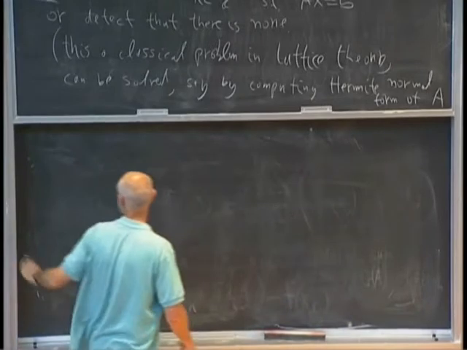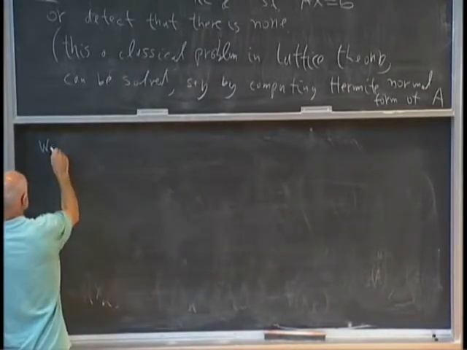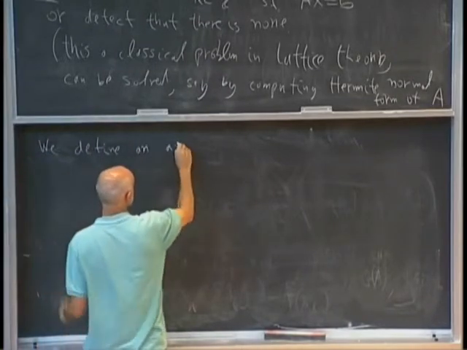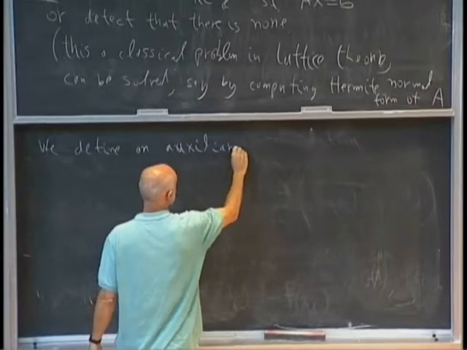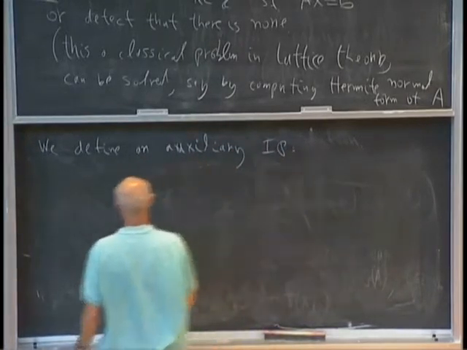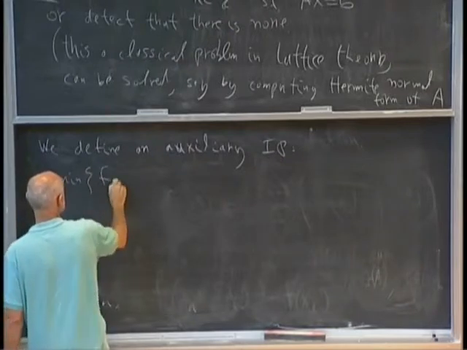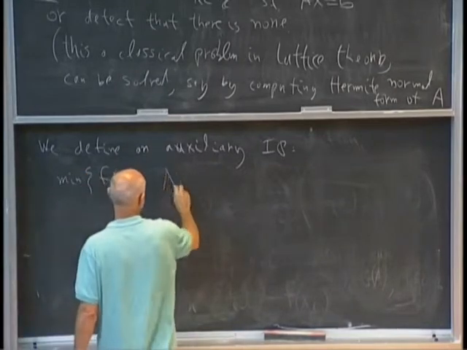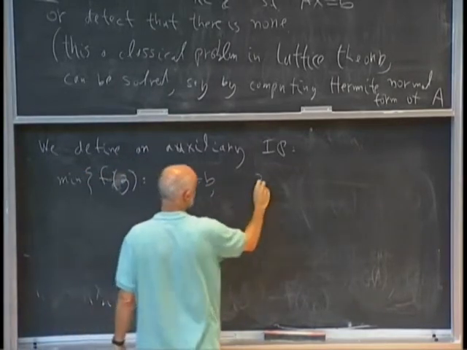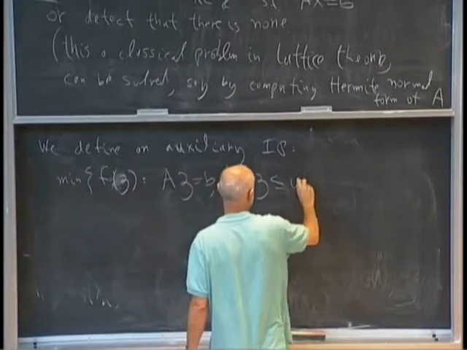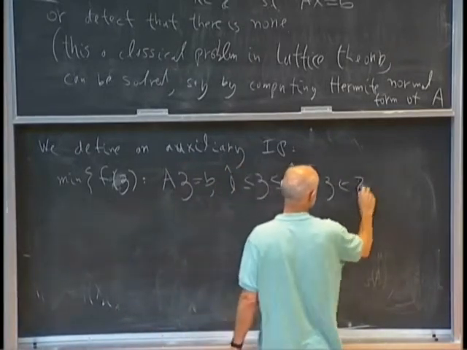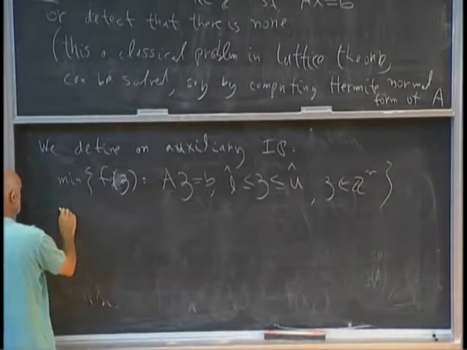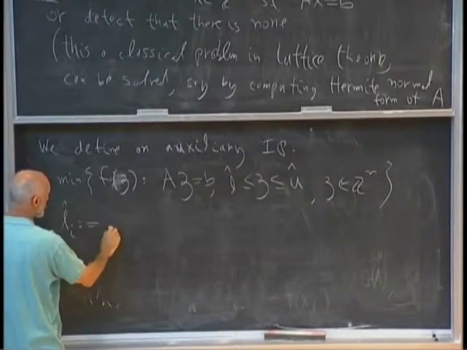So now we define an auxiliary problem where we are again minimizing some function, which I'll describe in a second, and we define improved, relaxed lower and upper bounds.